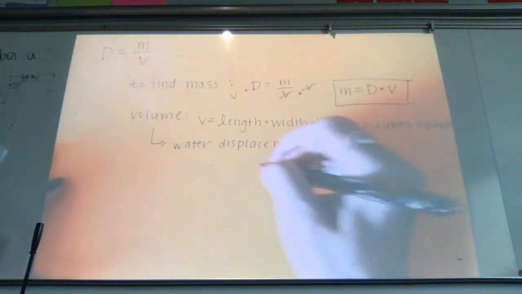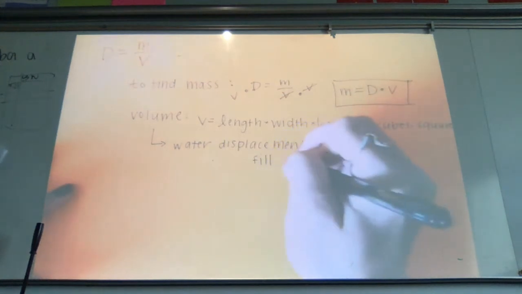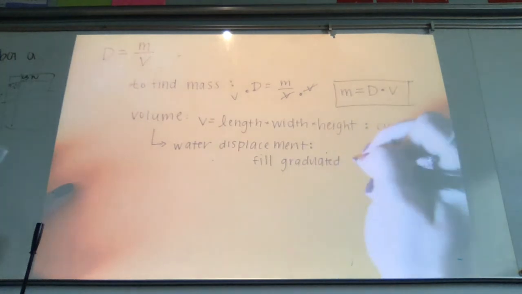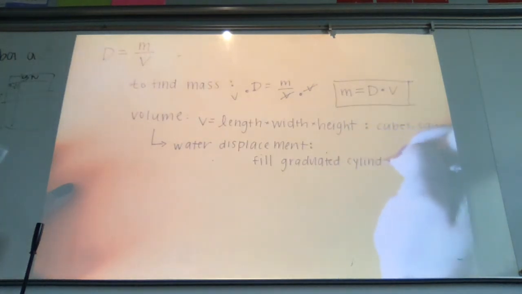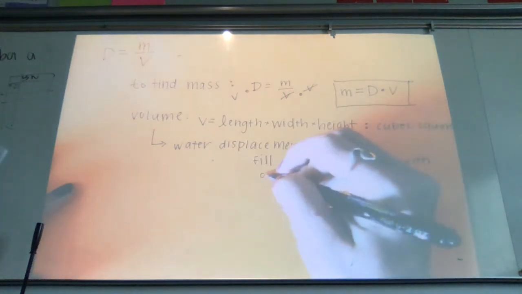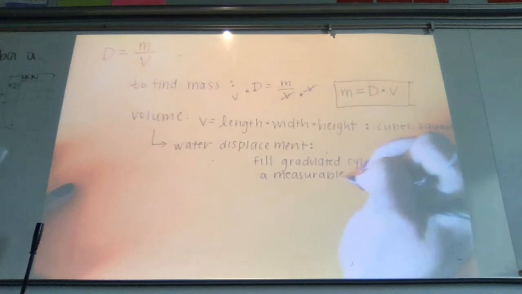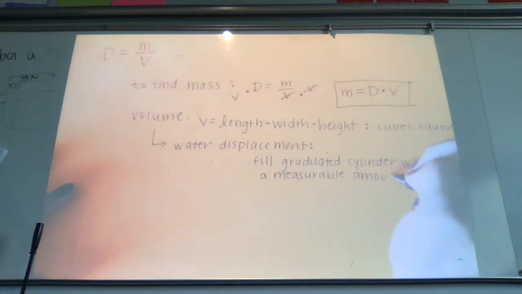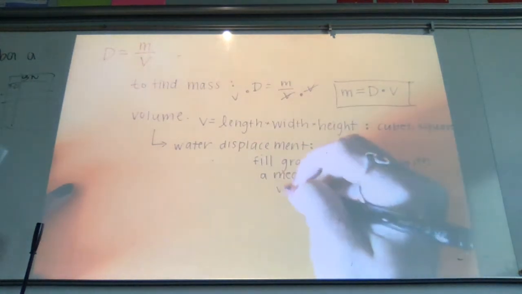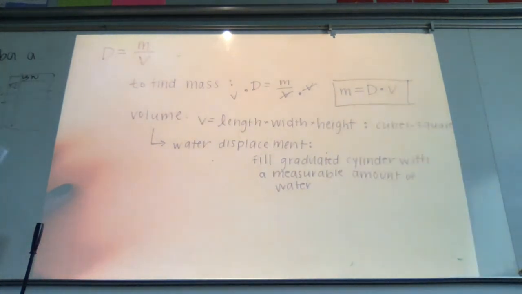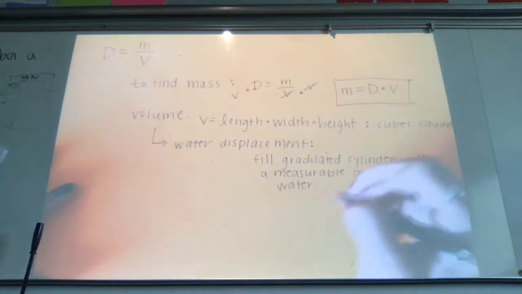Water displacement is when you fill a graduated cylinder with a measurable amount of water. You are going to measure that volume of water and then place your object in the cylinder.